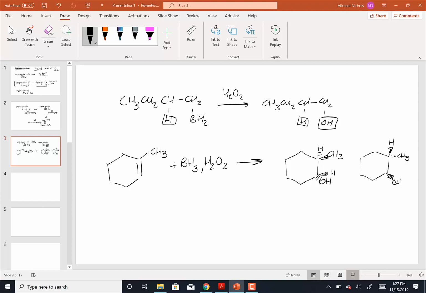Again, I'm showing you the mechanism to try and explain what's going on. The second reaction is also going to add H and OH, but with different regiochemistries, meaning Markovnikov, anti-Markovnikov, and maybe a different stereochemistry.